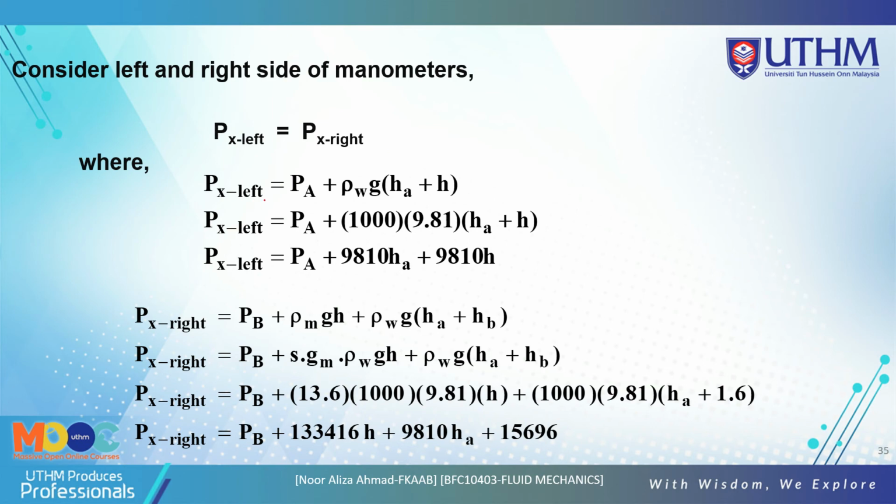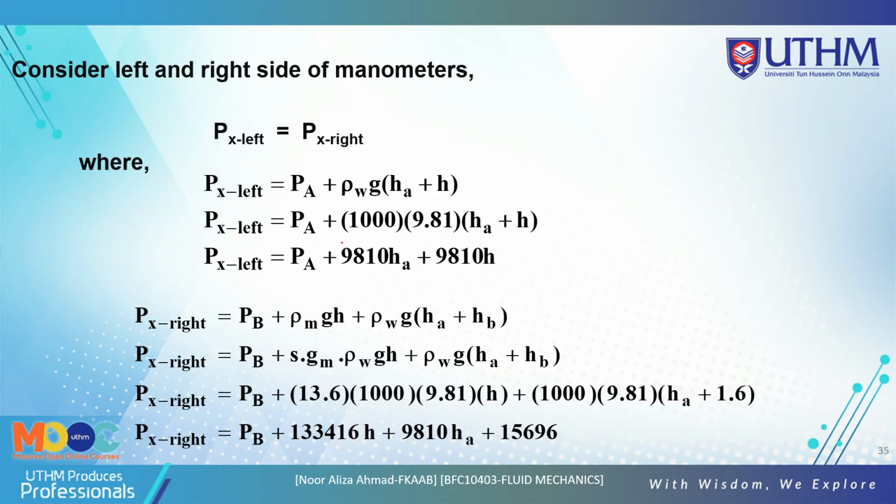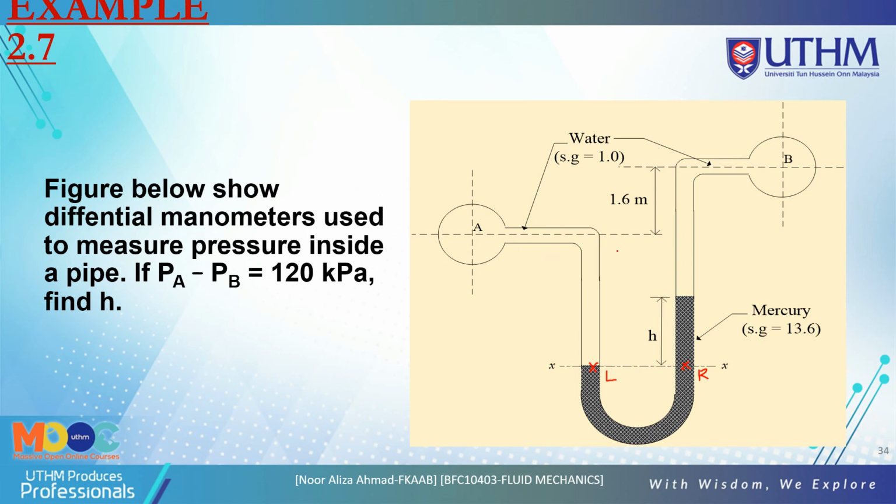Okay, so the left side is considered with the pressure at A, and also the pressure of water in this height. In this height we have H, and we don't know the H here, so you must know the H here. So you must use HA plus H. HA here, this is H, so this is called HA.